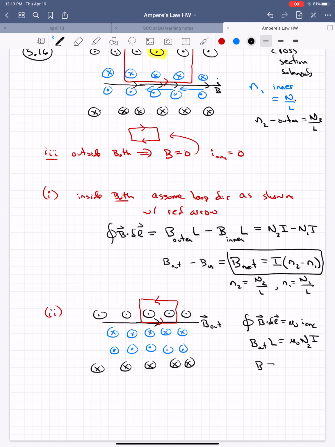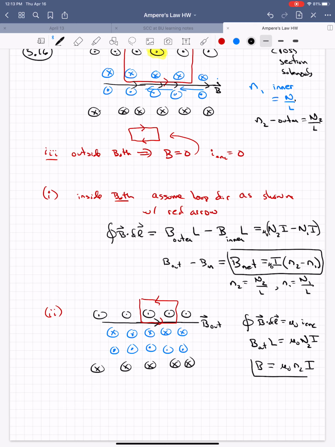And so B is mu naught little n2 I. Oh, I lost a mu naught here, right? I should be multiplying by mu naught here, because Ampere's law has a mu naught in it.